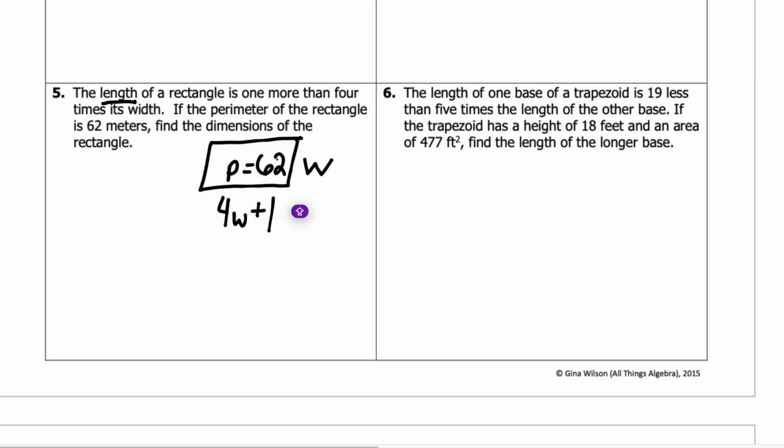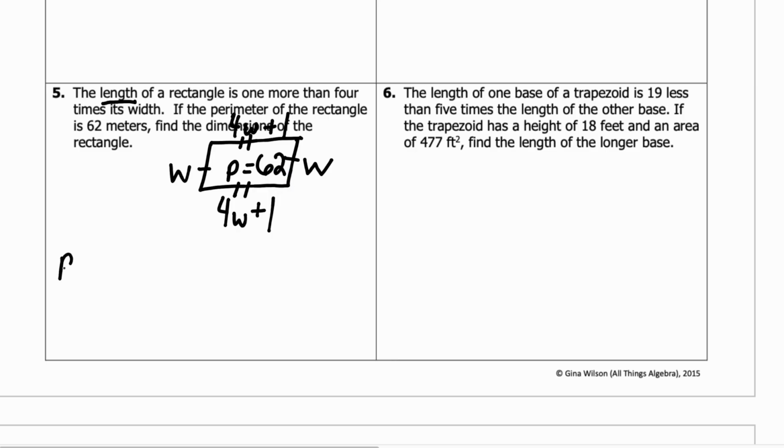We know that in a rectangle, we have 2 congruent sides and 2 other congruent sides. So the width of this side is going to be the same as the width of this side because it's a rectangle. And this side would also be the same length, which is 4W plus 1.